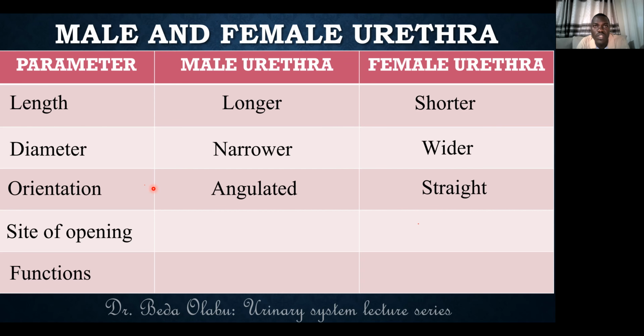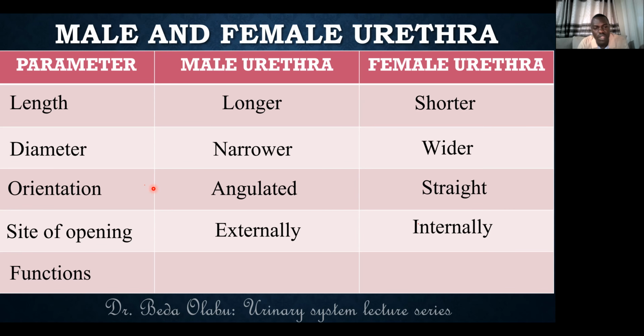You know, there's angulation between the prostatic urethra and the membranous urethra. Okay, I didn't take you through the parts of the urethra. I'll do that in the next lecture. But the male urethra is angulated. In terms of the site of opening, the male urethra opens externally.